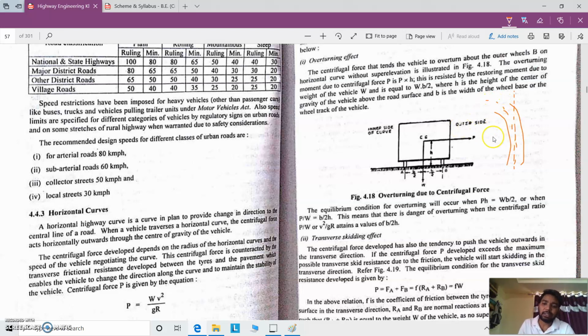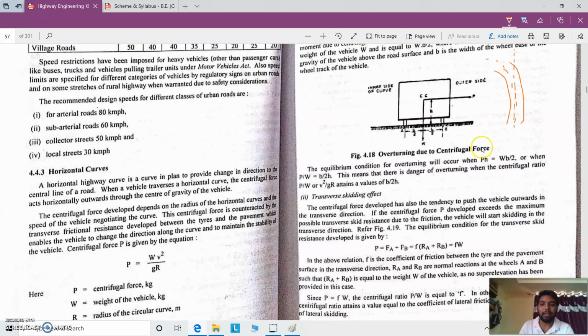In this case we have to achieve the same speed that we gain on plain or straight roads, so the same speed is to be provided on the curve also. In this case some forces may act on the vehicle, and that force is the centrifugal force, right?